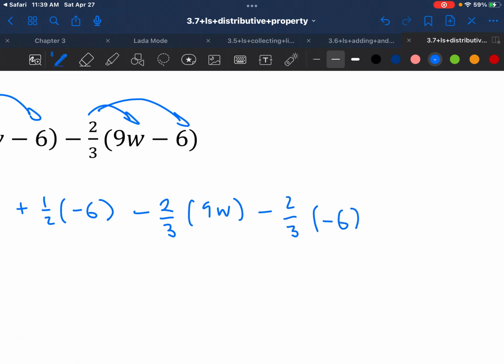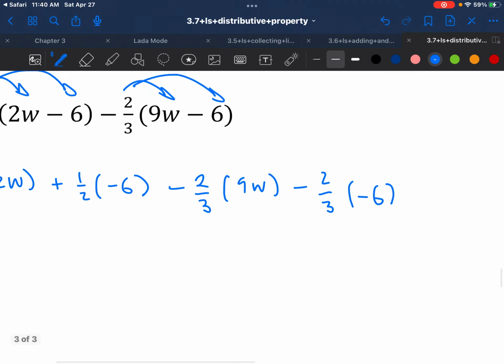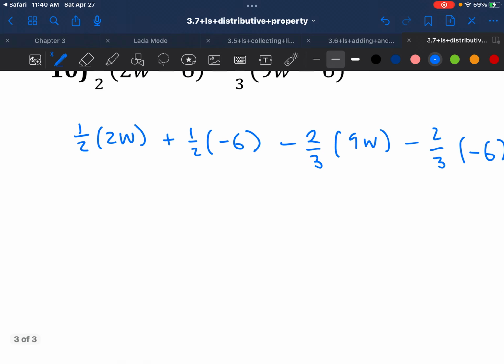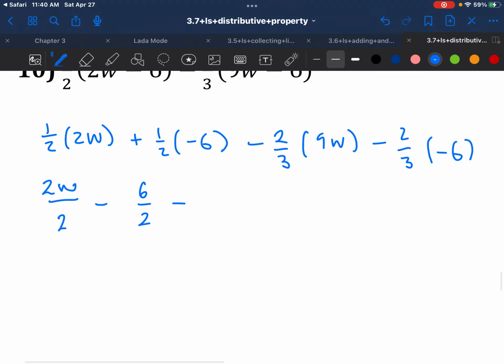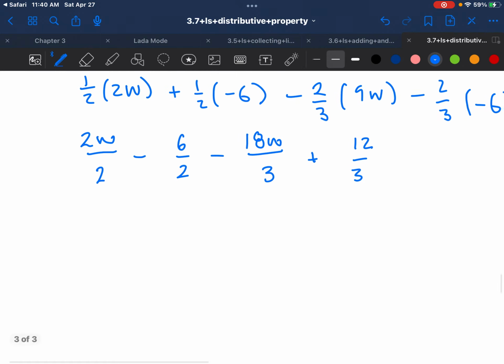Then we can do our multiplication with fractions: 2w over 2 minus 6 over 2, then minus 18w over 3 plus 12 over 3.